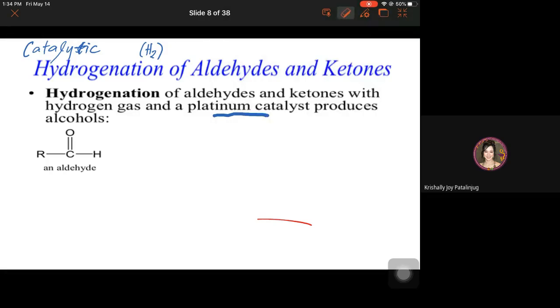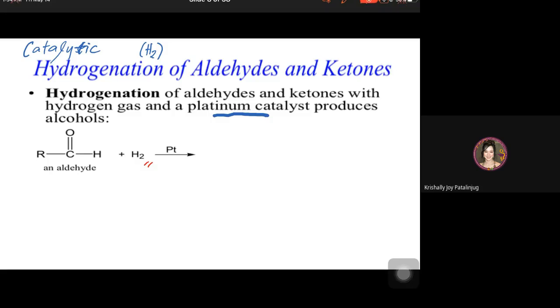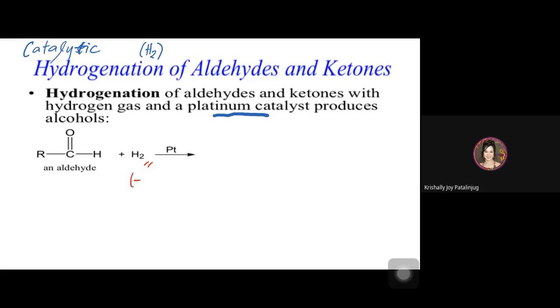In the reaction, any aldehyde is added with hydrogen gas. A nucleophile can be produced upon adding hydrogen. The H from hydrogen gas acts first as a nucleophile.